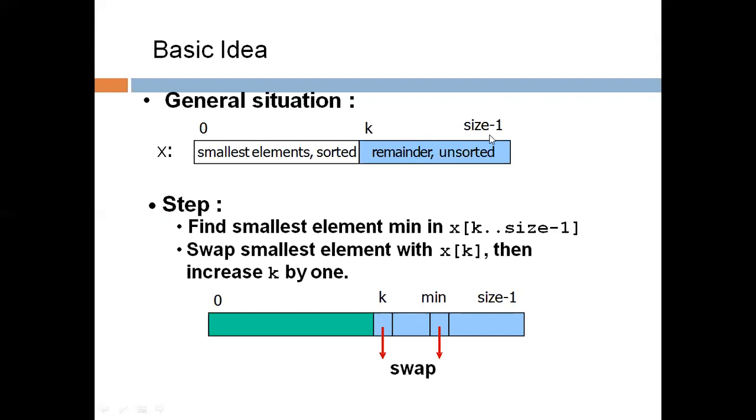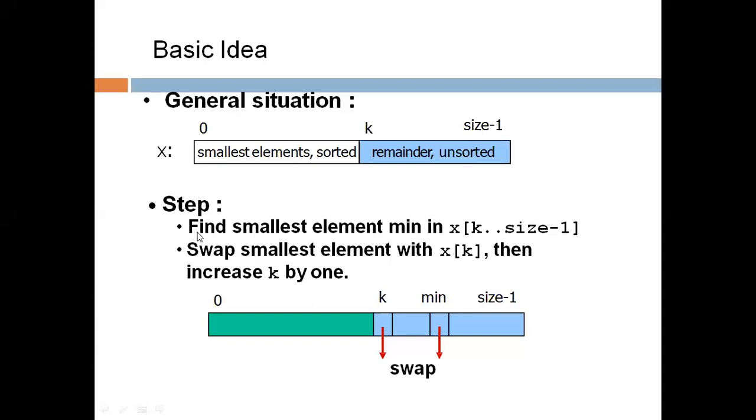So 0 to size minus 1 elements are stored in this array x. The basic idea is, firstly we will ensure that the smallest element is stored at the first position, that is the 0th element. Then the next position, and then the next position, and so on.